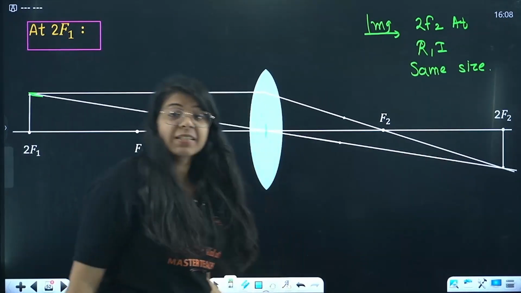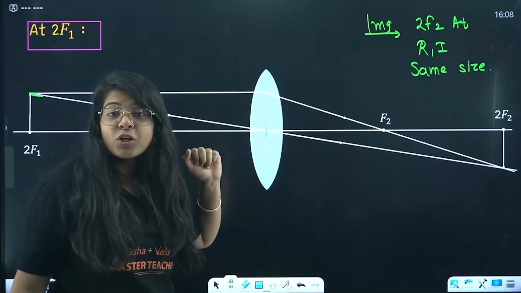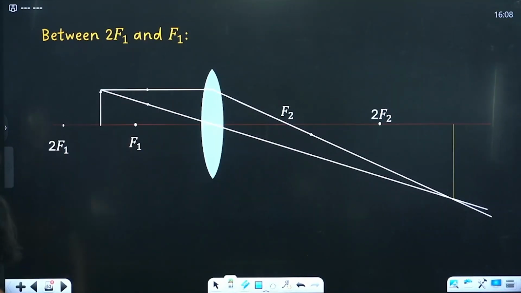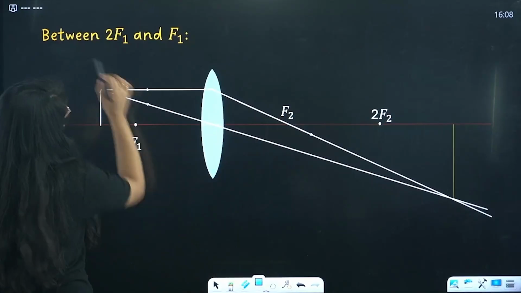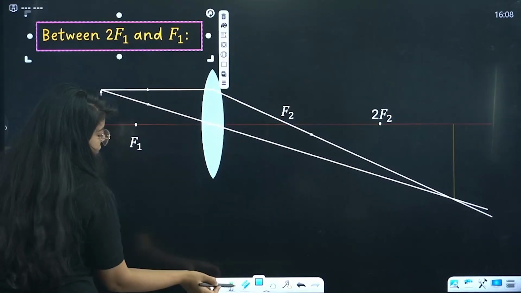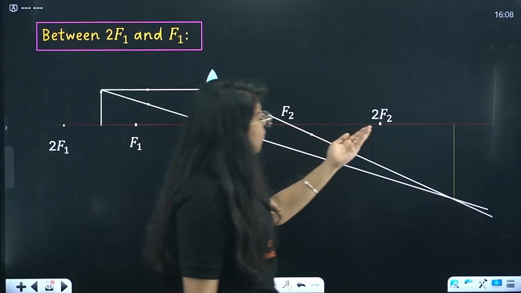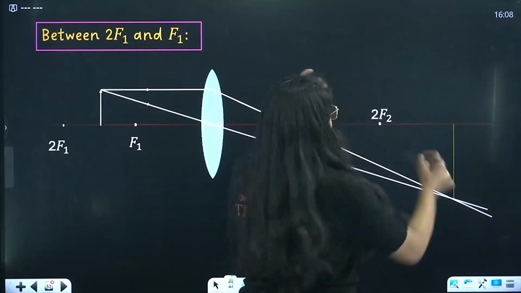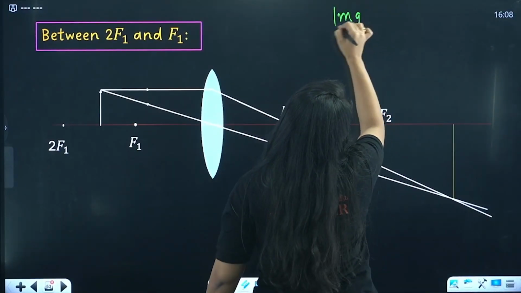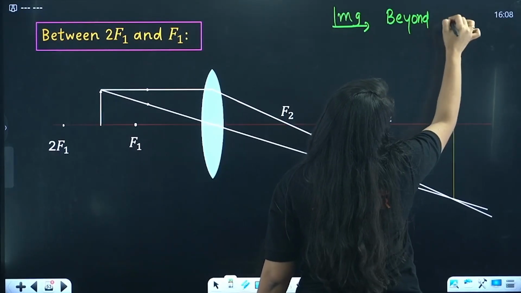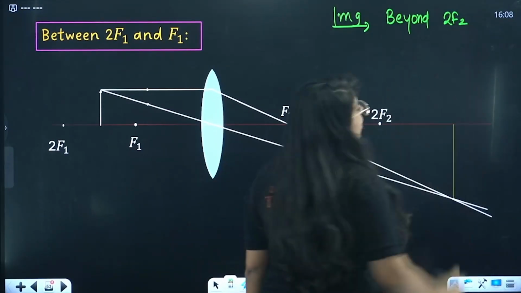Done. Then bring your object a little bit more closer, between 2F1 and F1. Now what will happen? Ma'am, for between 2F1 and F1, the image will go beyond 2F2. This is very simple, right? That's why I am not drawing it all again.